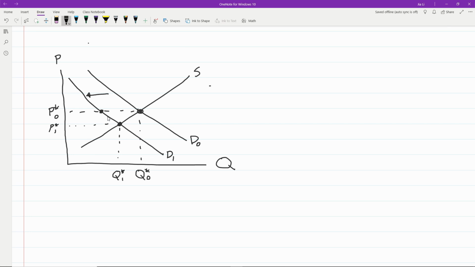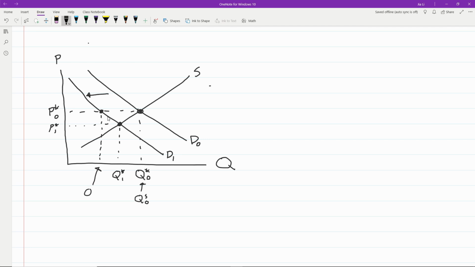At this price, this is the quantity supplied right there. And this point right here on the new demand curve represents the new quantity demanded.